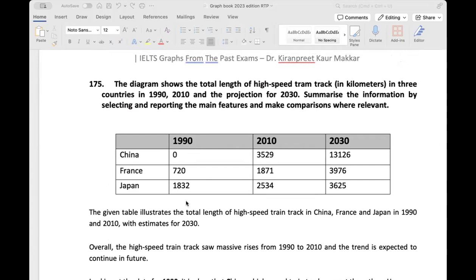Which country had the highest length in the first year? Japan had the highest in 1990. While in 2010, which country had the highest? China. And it is expected that China will have the maximum in which year? 2030. And it is expected that China will have the maximum in 2030 as well.